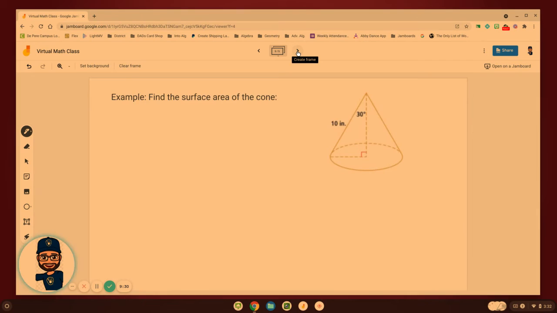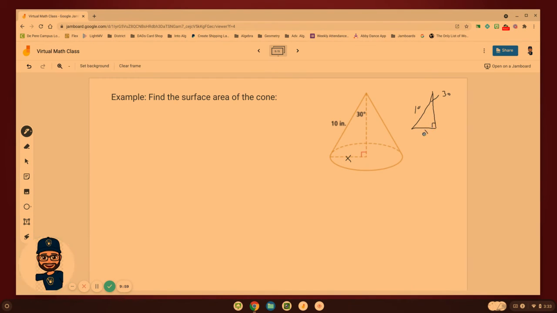So let's take a look at an example here. Find the surface area of this cone. One small problem that we have is that this is a 30, 60, 90 triangle. The height of the triangle on the inside, the slant height, is 10. They're telling me that the angle up there is 30. I don't know the radius of this circle, this side here.